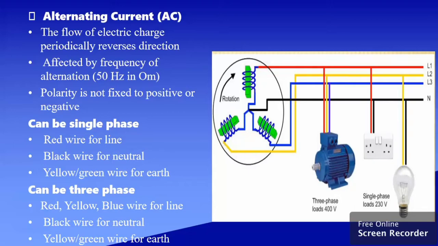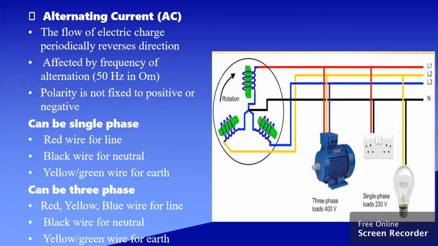The electrical system can be single phase. The voltage is 230 volts. The red wire is for line or live, black wire for neutral, yellow or green wire for the earth.